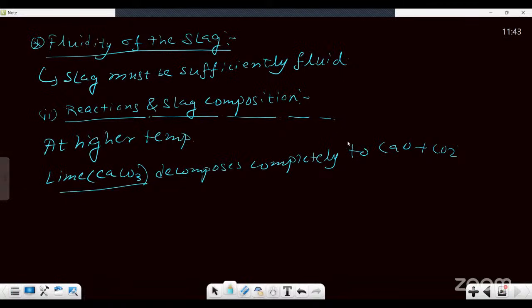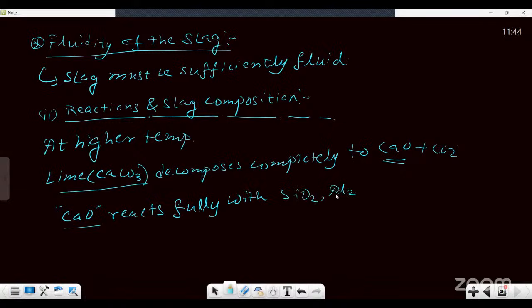And CaO, calcium oxide, reacts fully with SiO2 and Al2O3 to form stable compounds.